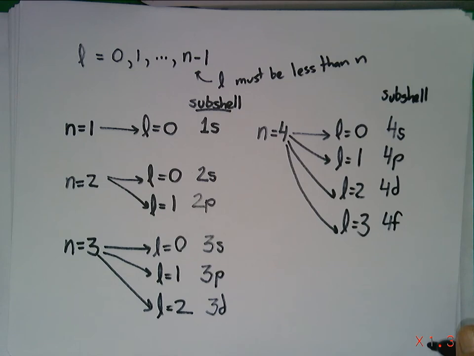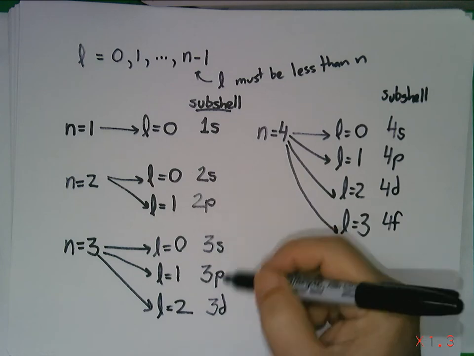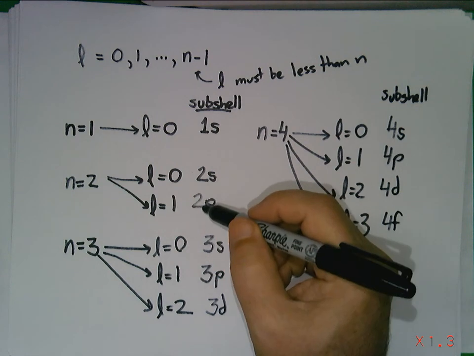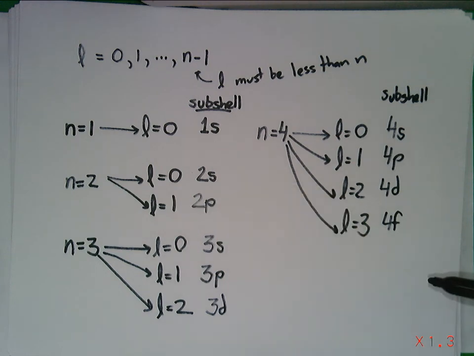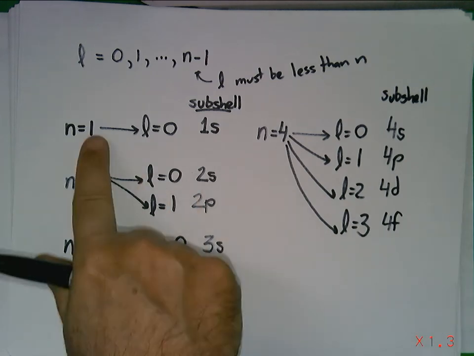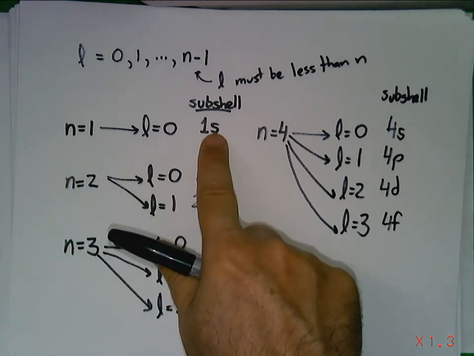So, test question. How many subshells are in the third shell? 3. There are 3 different subshells. How many subshells are in the second shell? 2. How many subshells are in the fourth shell? 4. Do you see a pattern there? Every shell contains n number of subshells.